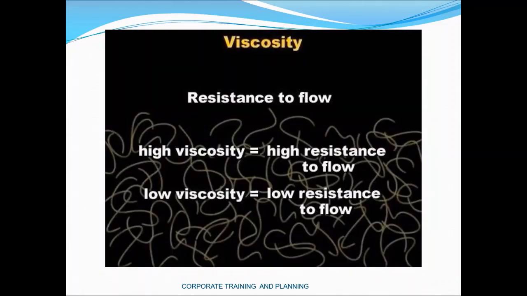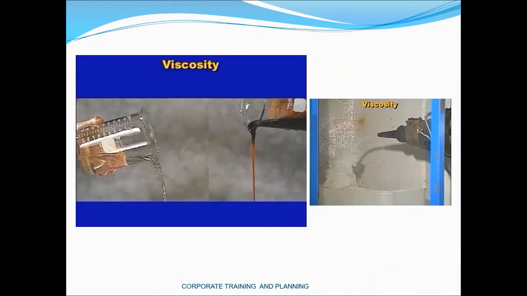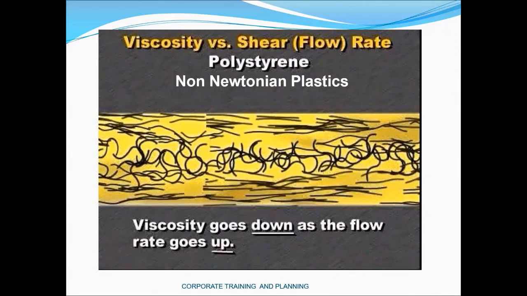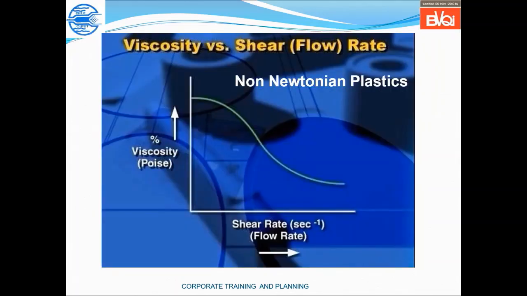The parameters are viscosity and resistance to flow, high viscosity. So viscosity is the main parameter in the injection molding system. Viscosity versus flow rate, Newtonian fluid.